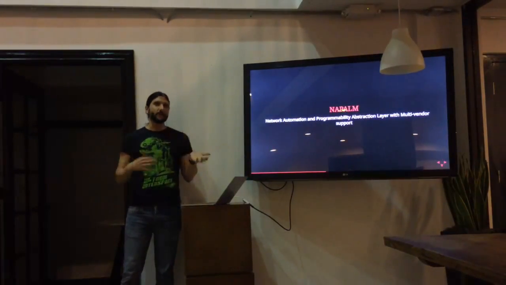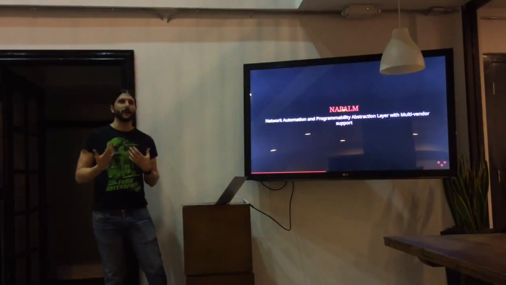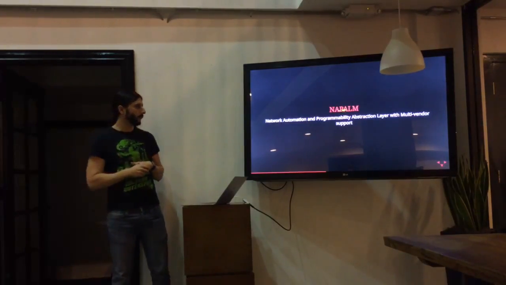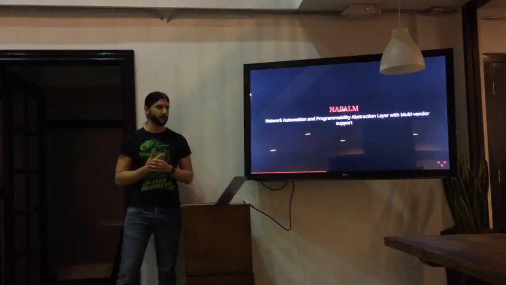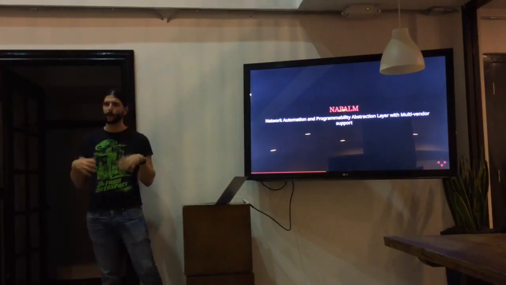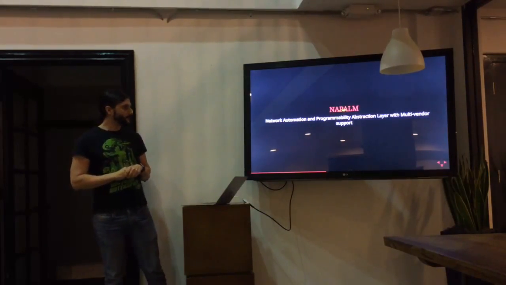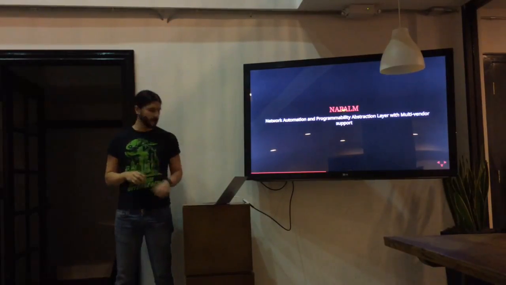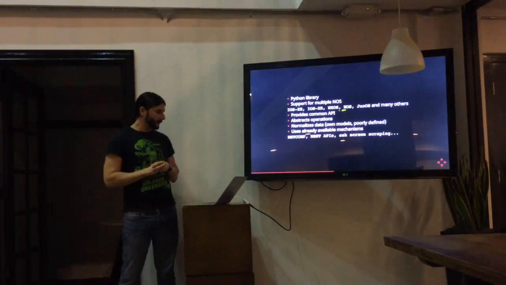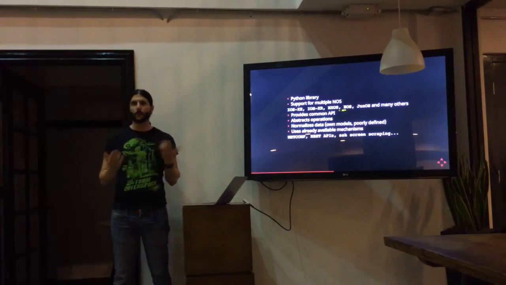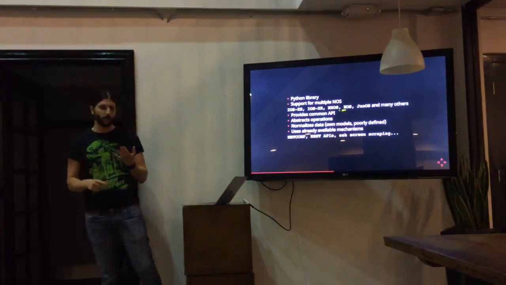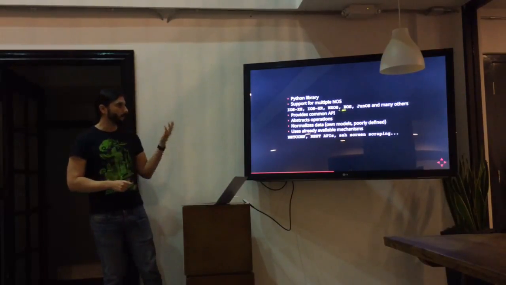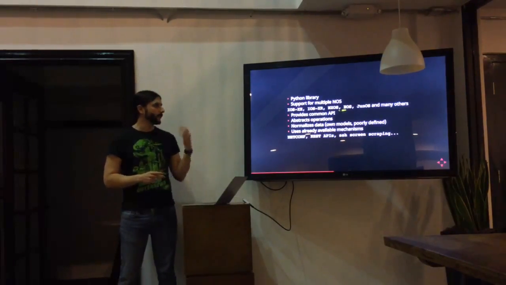So I've been working mostly on trying to bring OpenConfig into NAPALM to be able to start working with OpenConfig today, because it's nice to be able to operate with a common data model. For those that are not familiar with NAPALM, NAPALM is a Python library that supports multiple network operating systems like Junos, IOS XE, IOS XR, EOS, NXOS, and many others.